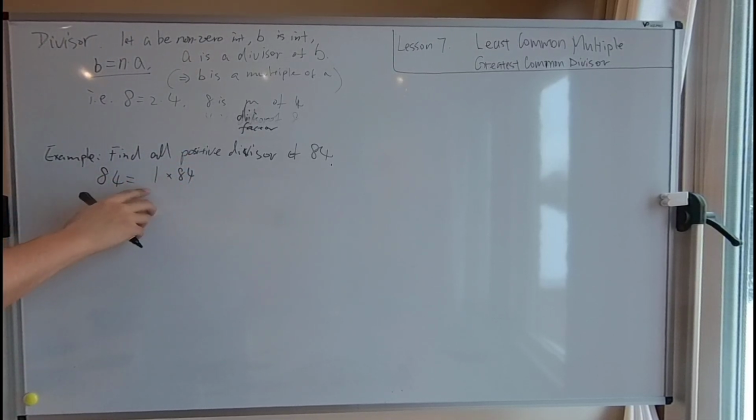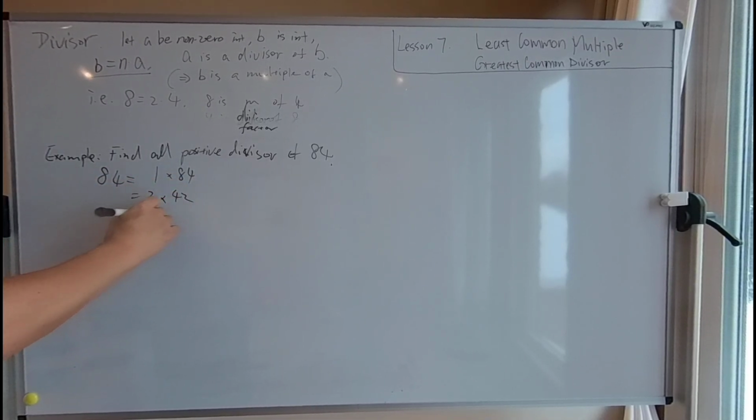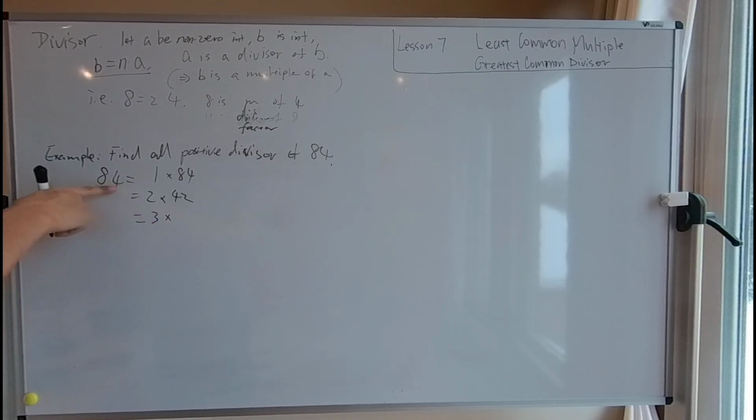So first of all, I start from 1. 84 equals 1 times 84. So already find two factors, one is 1, the other one is 84. Then 2, 42. 3, 8 plus 4 is 12. 12 is divisible by 3. Remember, there's a couple of shortcuts that you can check whether a number is divisible by some commonly used numbers, such as 3 or 9 or other numbers.